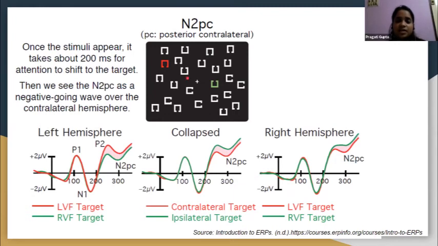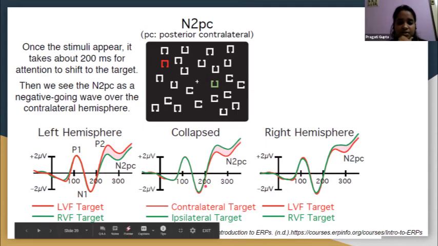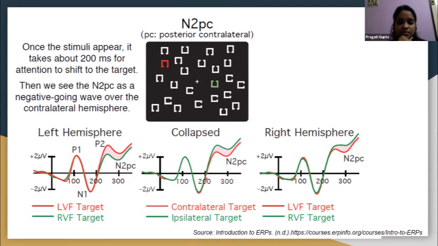So here we are seeing how covertly we shift our attention using this paradigm. And we see a negative-going wave over the contralateral hemisphere. When we collapse to the contralateral target minus ipsilateral target visual field, there's similar activity, but for the red ones, there's earlier processing.